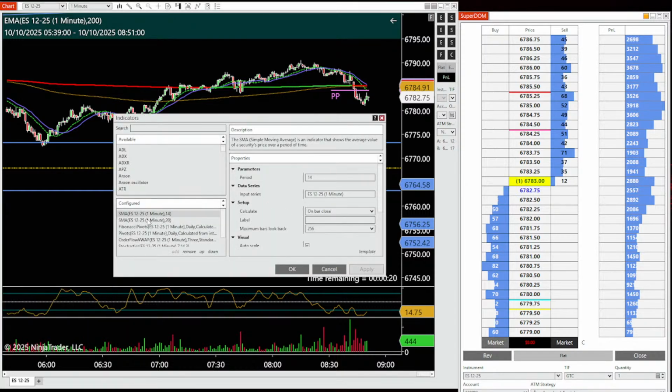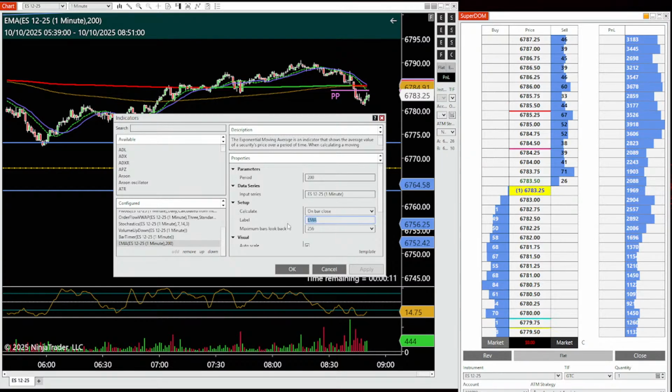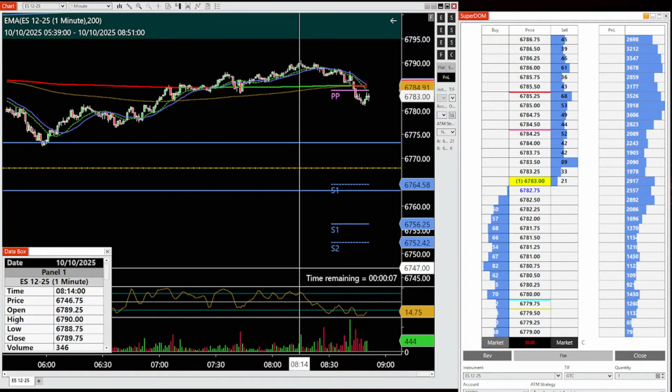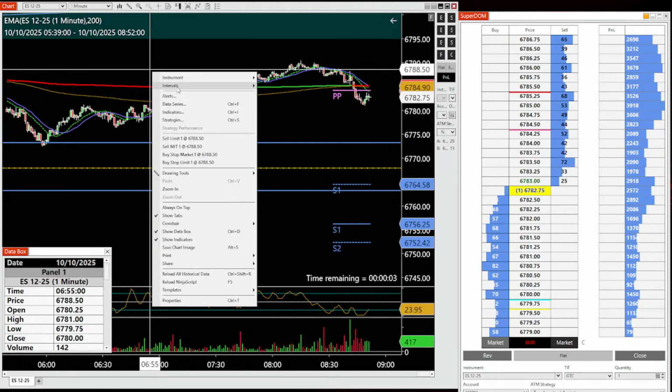Take the labels off. I want to take the labels off so it don't be too much on the chart. Still didn't come off.